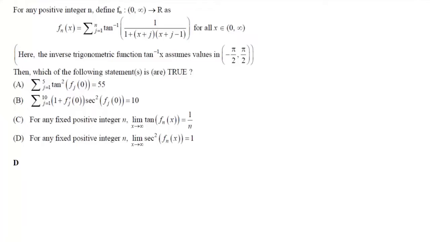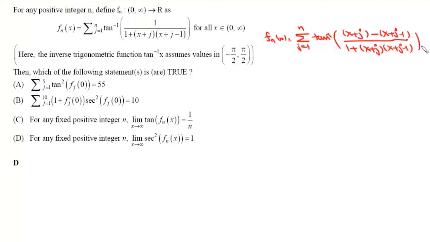Now for this question, we are given this function f(x), which is the summation, j varies from 1 to n, tan inverse of x upon 1 plus (x + j)(x + j - 1), and the numerator we can write as (x + j) minus (x + j - 1), for all x belonging to 0 to infinity.